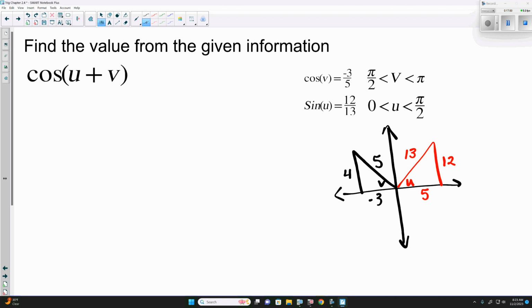Now, we need to find the value of cosine of u plus v. And if we look at our reference sheet, it's going to tell us that cosine of u plus v is the same as cosine of u times cosine of v minus sine of u sine of v.